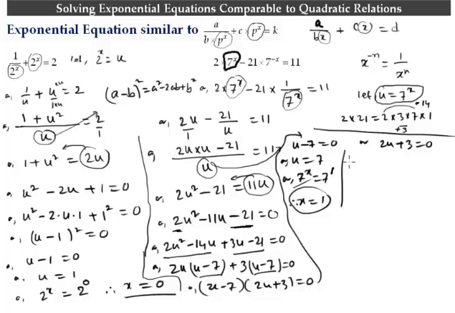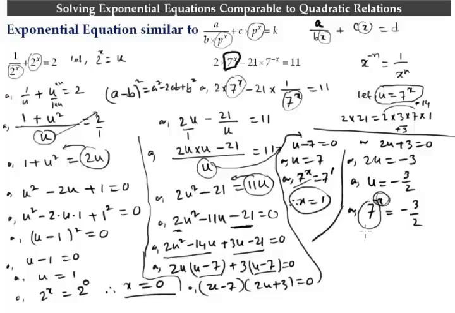And in this part we will get 2u equals minus 3, or u equals minus 3 by 2, and u is 7 to the power x, so 7 to the power x equals minus 3 by 2. 7 is a positive base. On a positive base, whatever the power is, the result will always be positive.